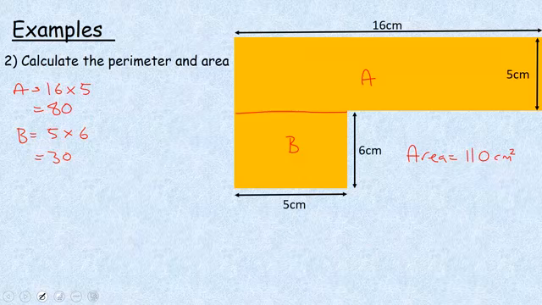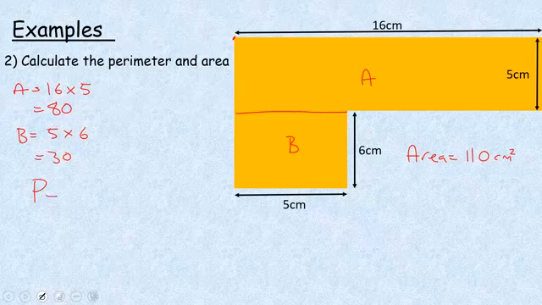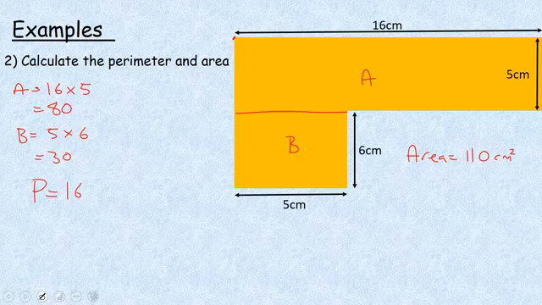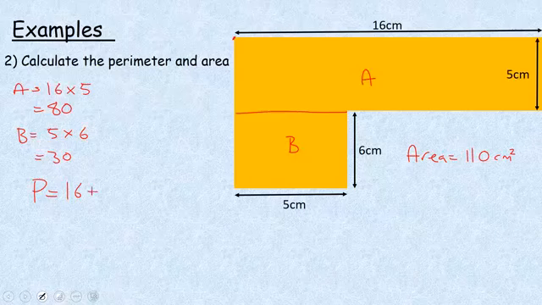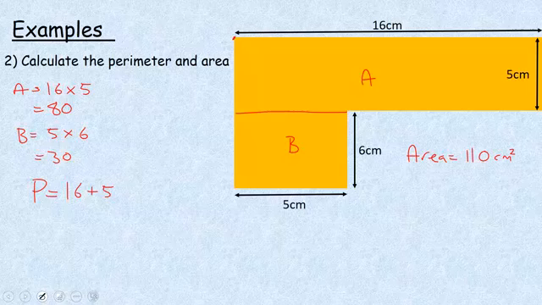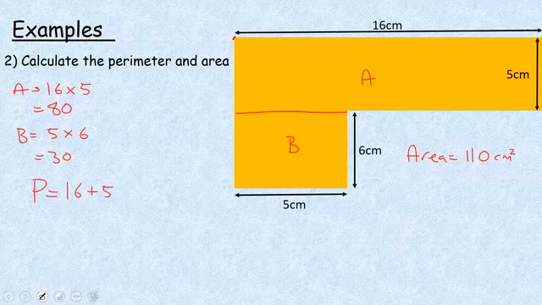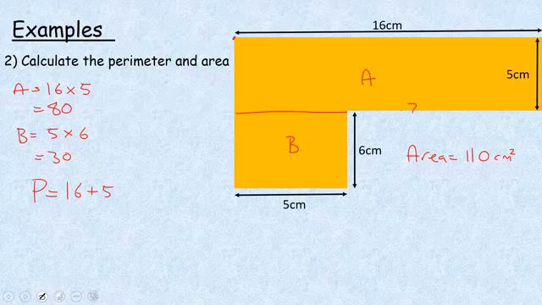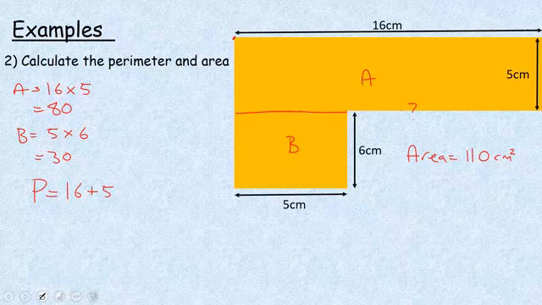So we've got lengths in centimeters. So our perimeter, let's start here. So for our perimeter, we've got 16 plus 5. And what have I forgotten to do? I don't know these two lengths, do I? So this length here, I can see the total width is 16 and the width of my rectangle B is 5.